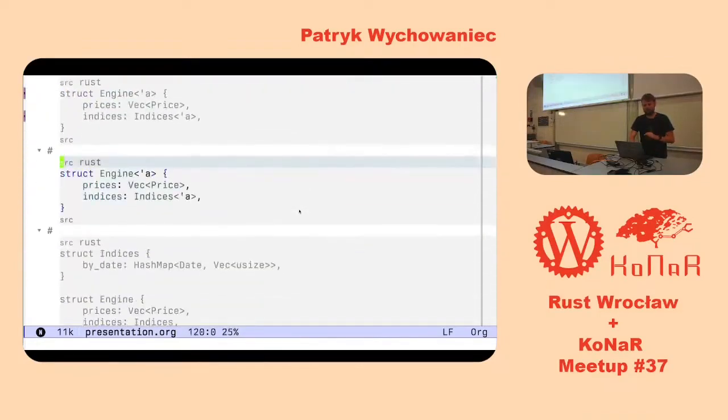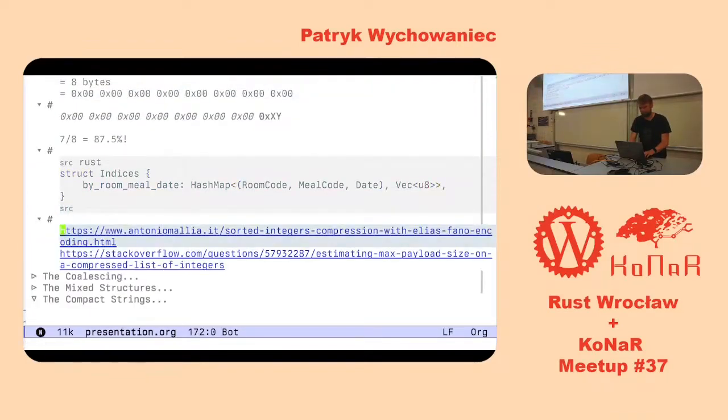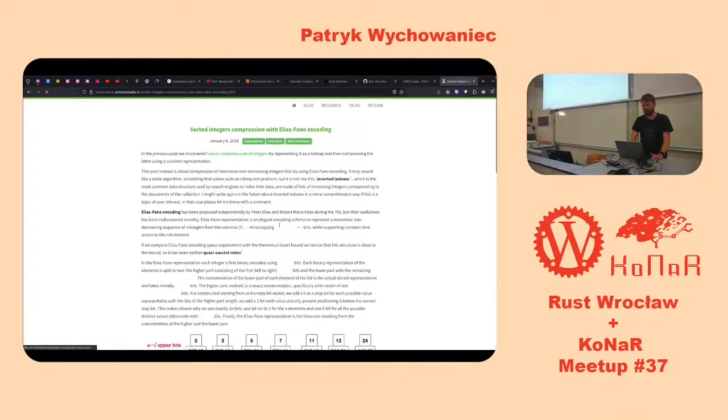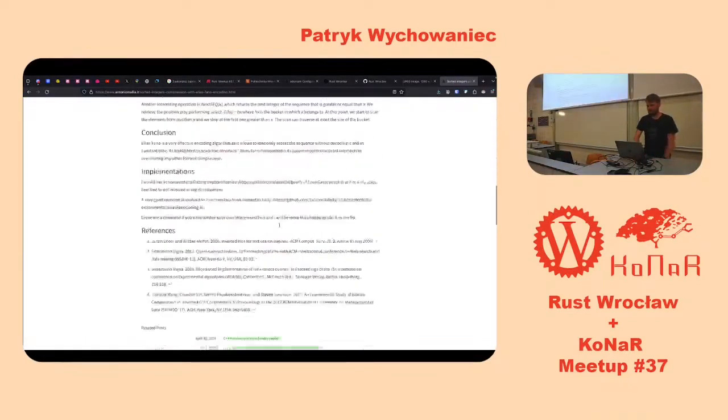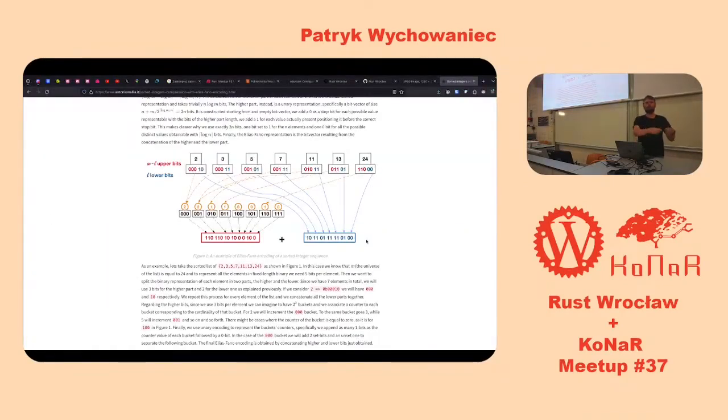And there actually exist other smart solutions to this problem. I stumbled today upon Elias-Fano encoding, which I won't be delving into because it's a huge article, but basically what it says is that if you have a sorted list of numbers, you can encode it in such a way that if you have, like, 100 32-bit numbers, normally you would need 100 times 32 bits of memory to store it, but if you know that those prices are sorted, then you can use fewer bits to store them by using the fact that they are monotonic.